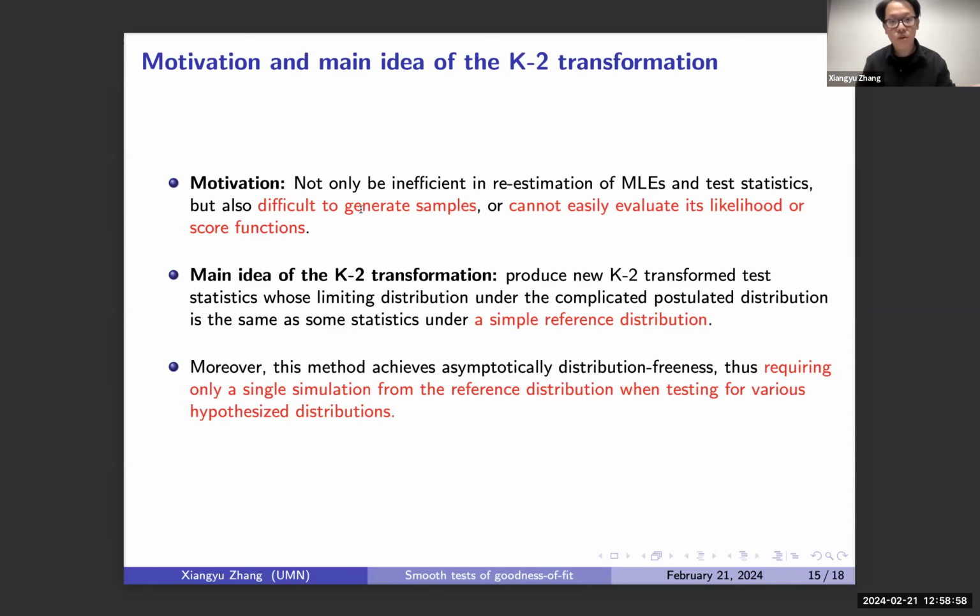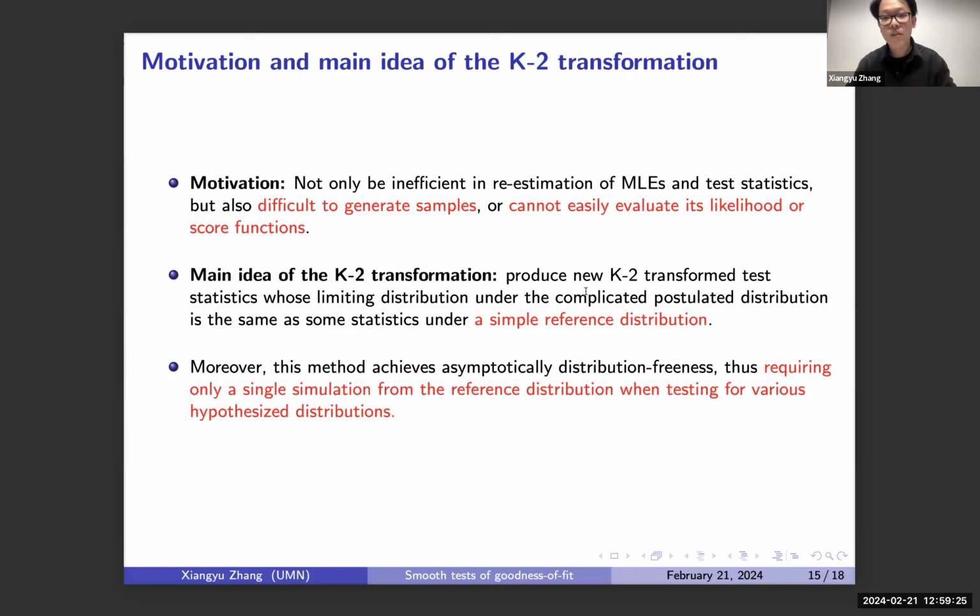You still have these two problems. Now we utilize a theory in empirical process theory, where some probabilists introduced a transformation called the Khmaladze-2 transformation, and it can help us solve this problem.